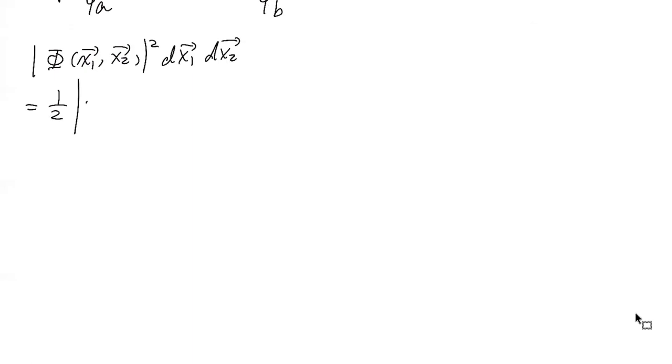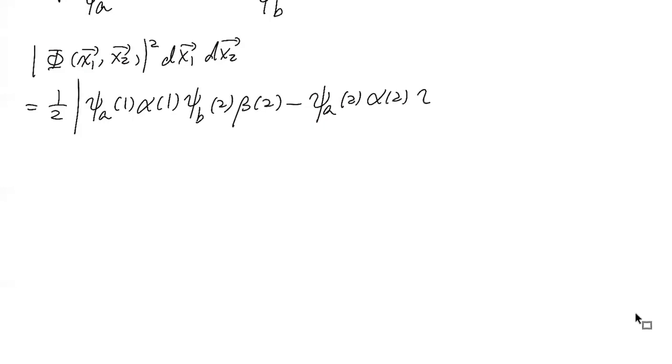This is easy enough: psi A(1) alpha(1) psi B(2) beta(2) minus psi A(2) alpha(2) psi B(1) beta(1), squared, dx1 dx2, right?